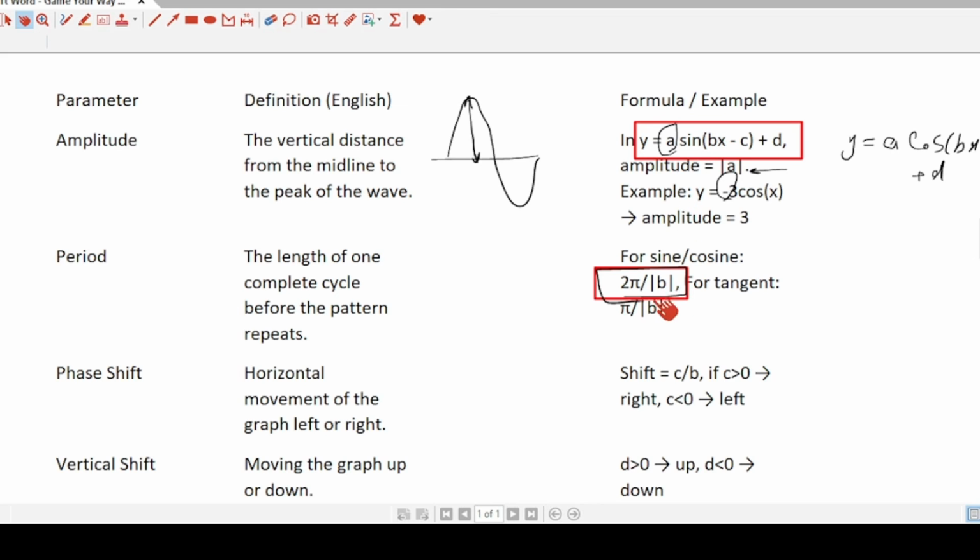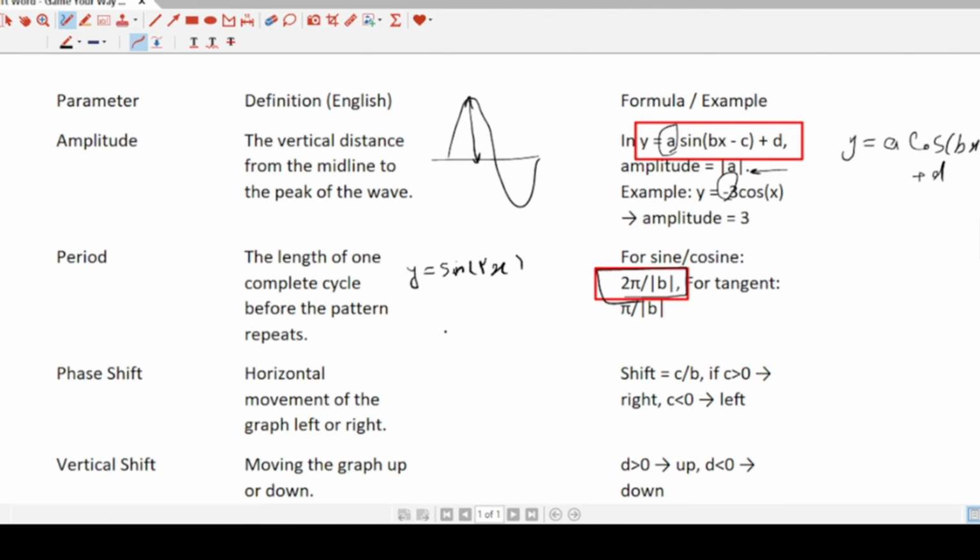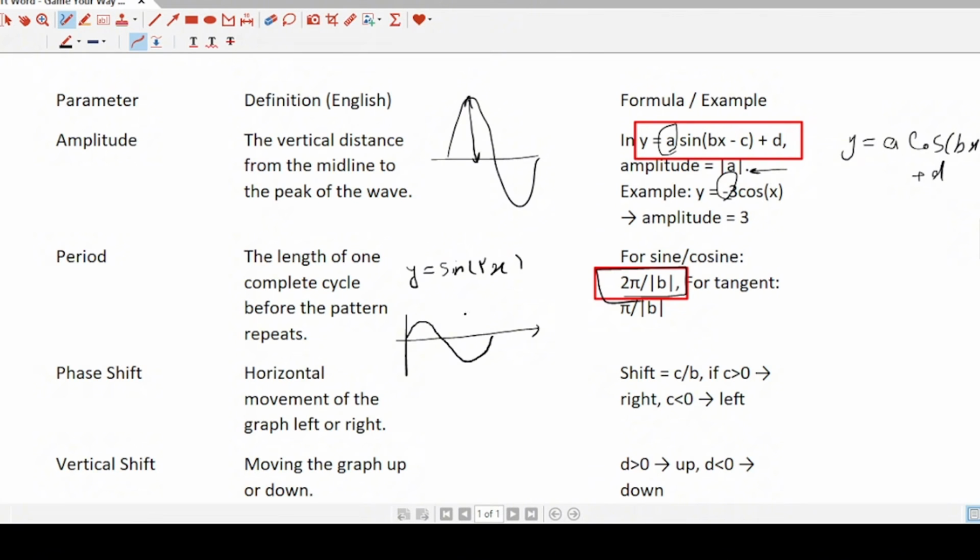Because we want to consider the cycle from the positive side, we must put the coefficient of x inside the absolute value. For example, if the expression is y equals sine of 2x, for one full cycle we reach the number pi. Before, when we moved one full turn on the unit circle, the graph rotated from 0 to 2 pi.